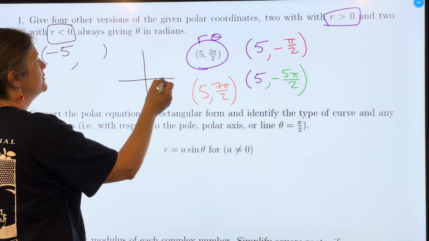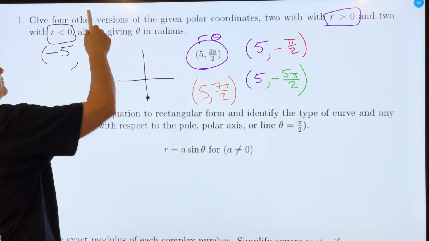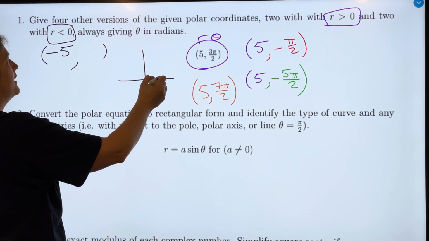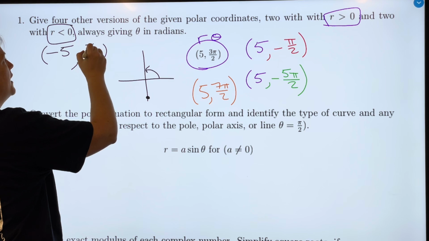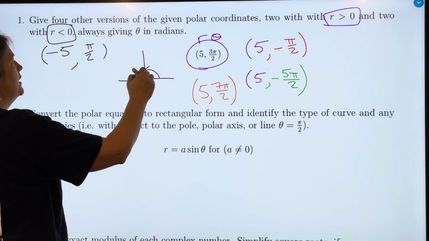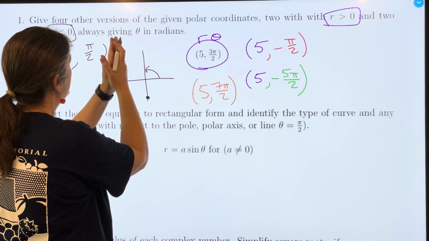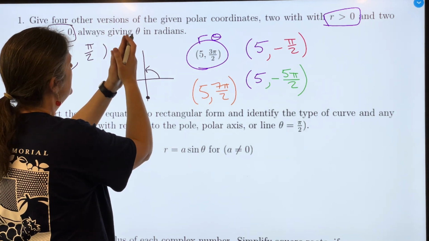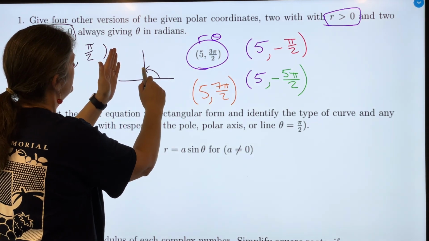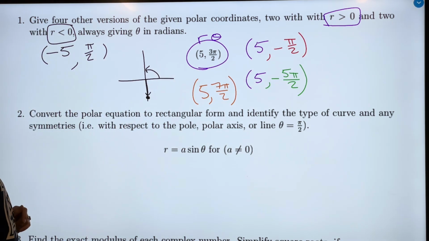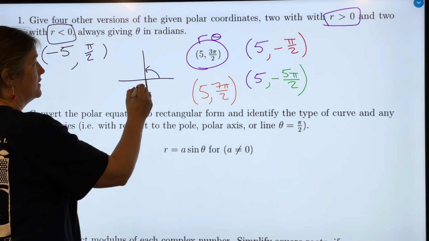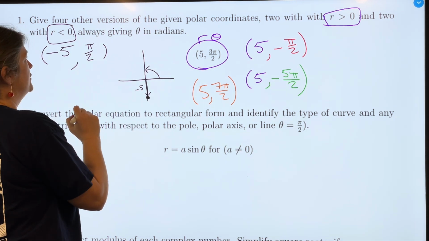So which direction was I facing when I then went backwards 5? I would be facing pi over 2, and then I back up 5. Yeah, negative radius, negative 5, pi over 2.